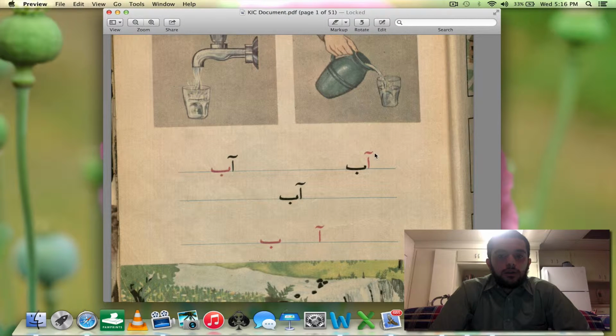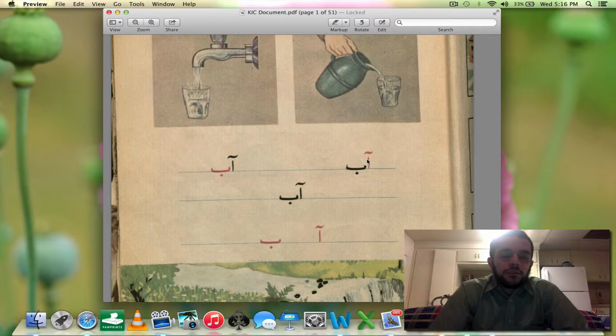So in this red line right here, we have a letter called ah, like AH sound. And we have b. Ab, ab, ab. This is A1 and B2.